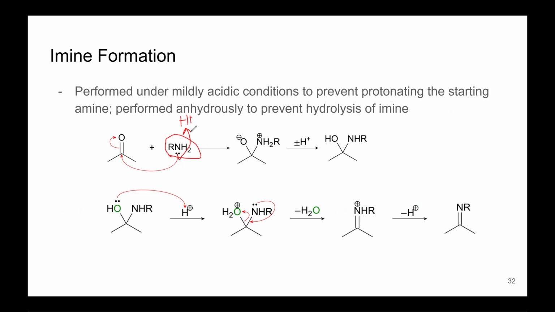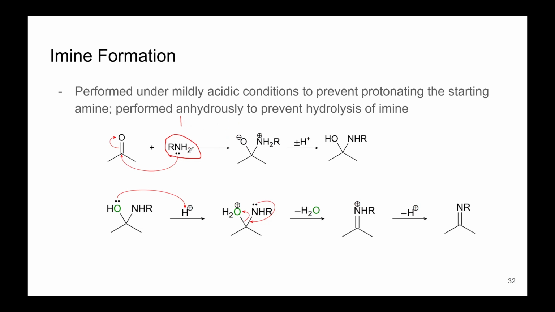amine to act as a base rather than a nucleophile, causing it to be converted to something similar to your NH4 plus. So it's similar in structure to the ammonium ion, and you know that ammonium ions are not nucleophiles at all. So even if you replace one of these hydrogens with your alkyl group, it wouldn't make this ion nucleophilic as well.